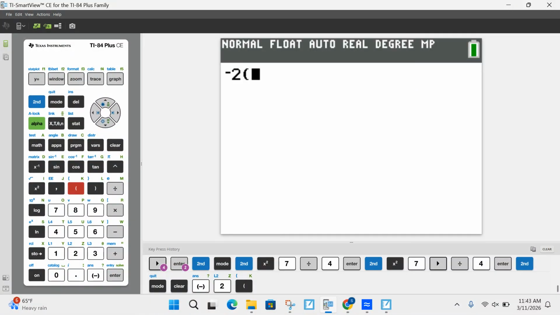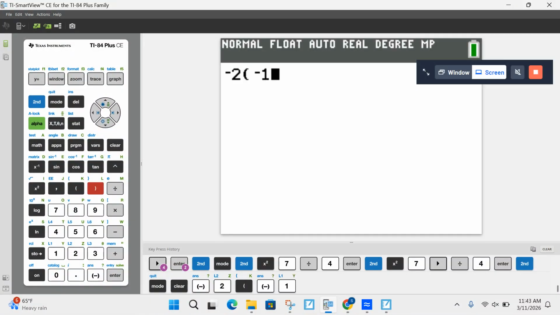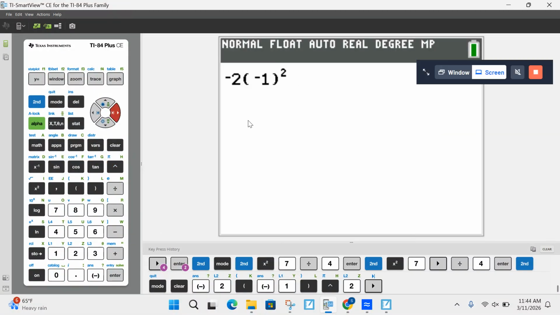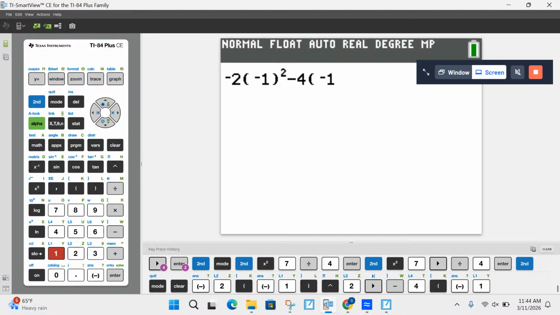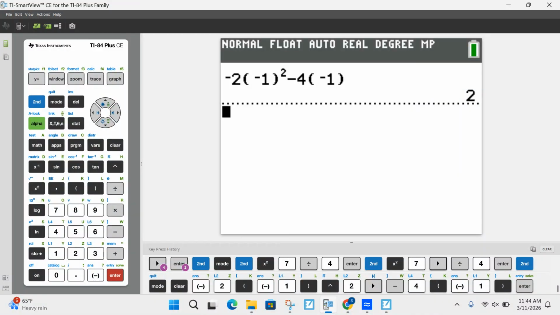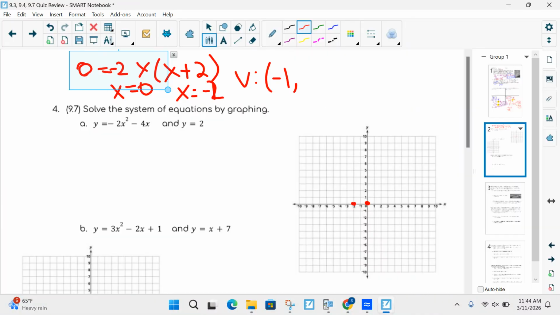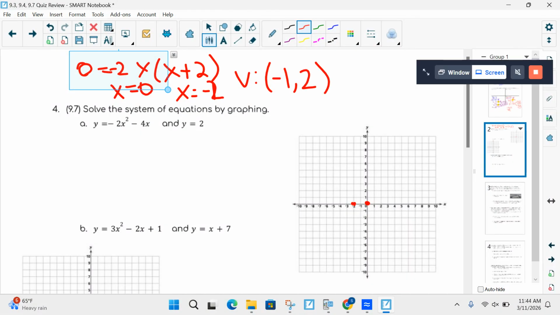If you use your calculator, just make sure that you put parentheses around your negative x. So you have -2 from the equation. You have -1 that you're squaring. And then -4 times -1. And that comes out to be +2. So -1, +2, which checks out because our parabola should be opening down and it has a slope of -2.